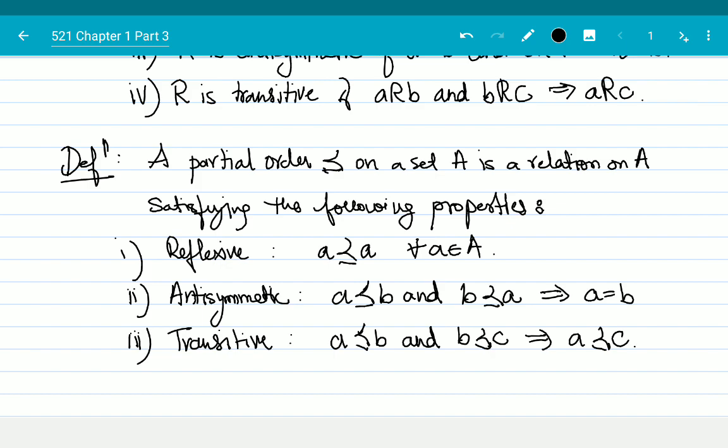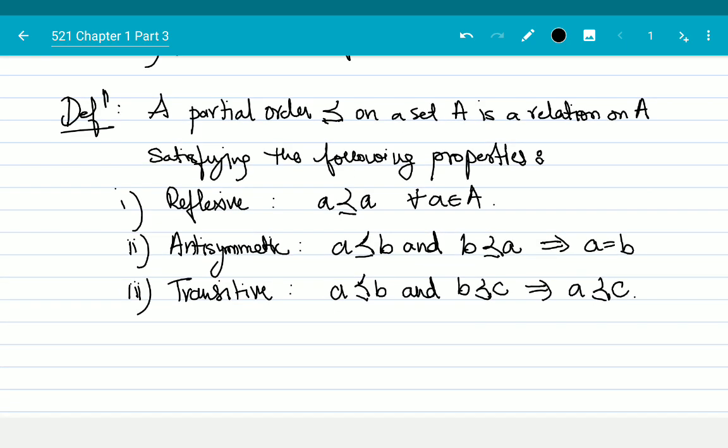And the question is, why is this a partial order and not just an order? What is the defining thing that makes it a difference? And that is the following property.